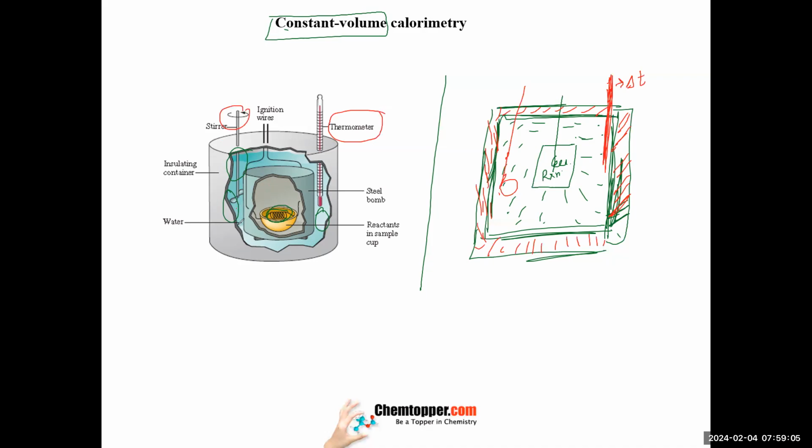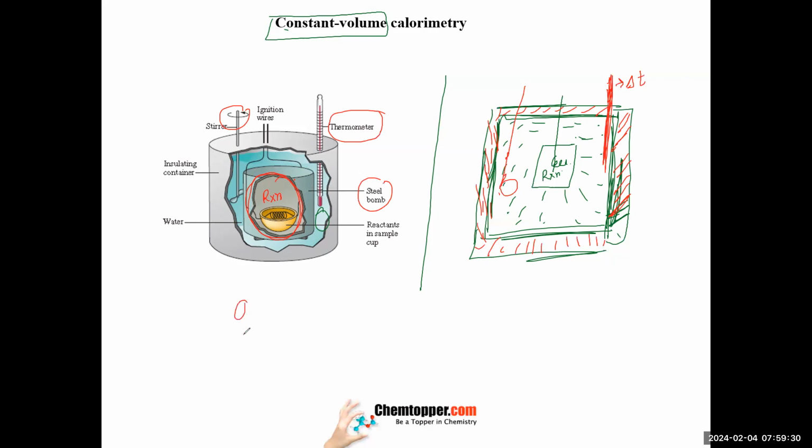They are in water. You can see the bomb. So where are you carrying out the reaction? Here. Here is the reaction, the combustion, whatever reaction you're doing inside. And around this container, this steel bomb, there is water, plenty of water.